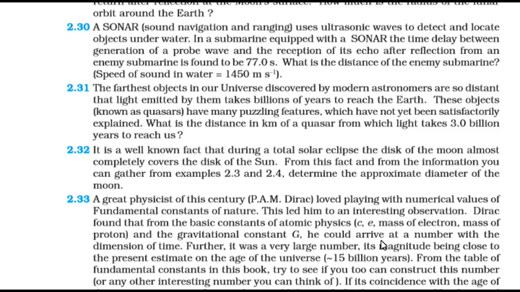These objects known as quasars have many puzzling features which have not yet been satisfactorily explained. What is the distance in kilometer of a quasar from which light takes 3 billion years to reach us?